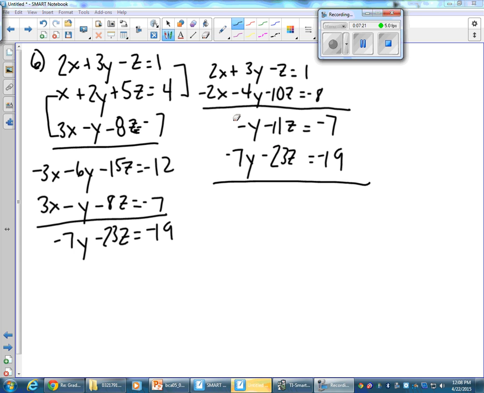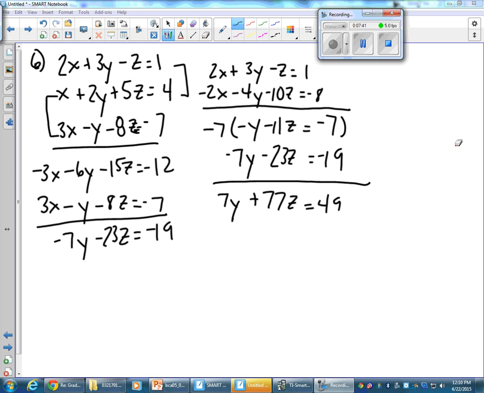I would do the y's. I would probably multiply the top line by -7, and so that would make this line positive. So the top line becomes -7 times -y is 7y, and then it'd be plus 77z equals 49. Hang on.